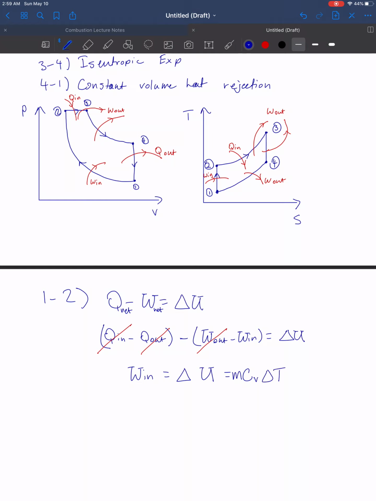And I put that m there just because we're dealing with capitals. But if that were a lowercase u, that m would be gone, right? That would be our specific work in, in that situation. And I want to just double check myself really quickly.